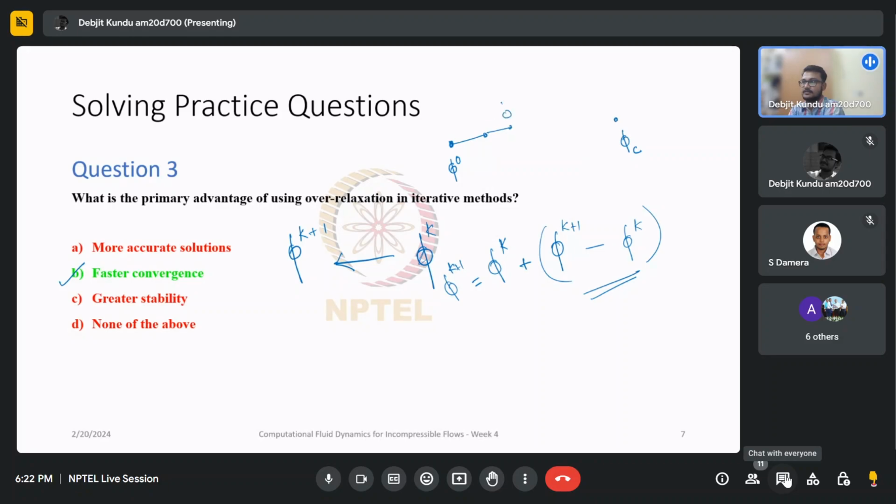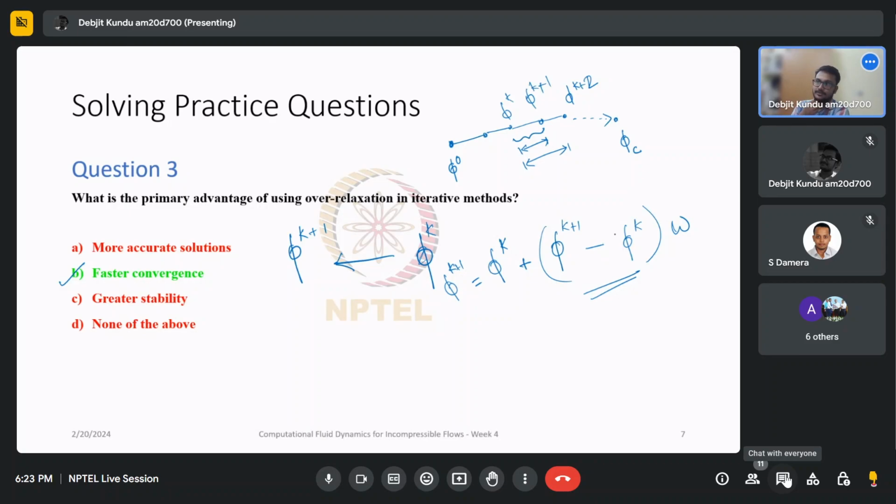So this is phi k, this is phi k plus 1, this is phi k plus 2, and we keep going towards the converged solution. We are covering this much distance in one iteration. So why not increase this distance by a little bit? And that is the over relaxation factor which we include here.